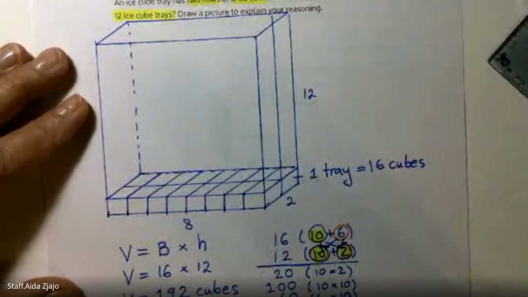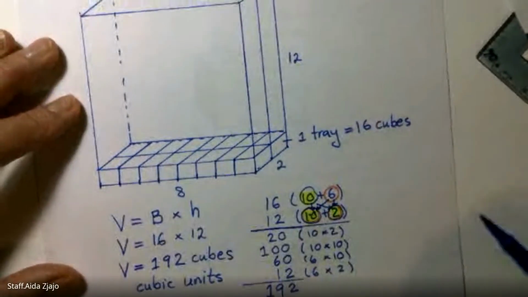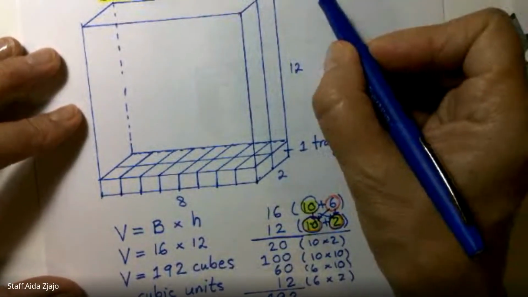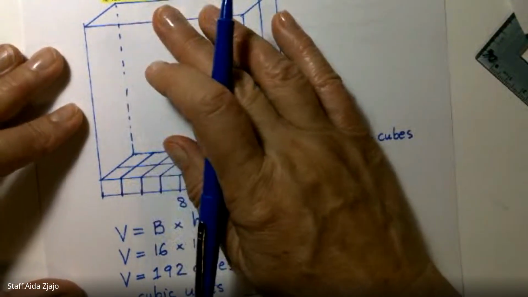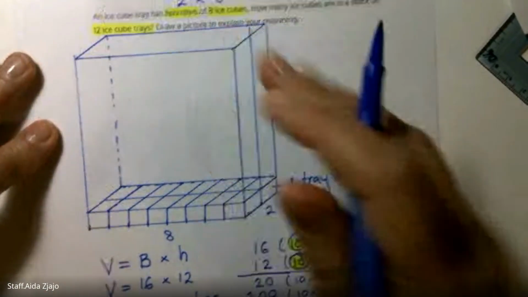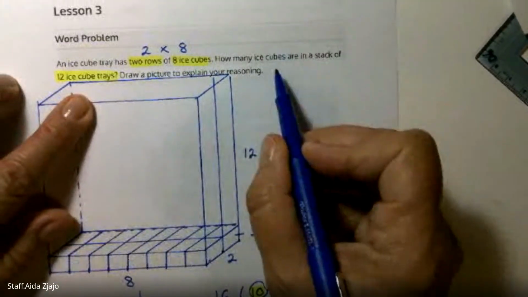We can answer in words. How many ice cubes are in the stack of 12 ice cube trays? So we can answer this question.